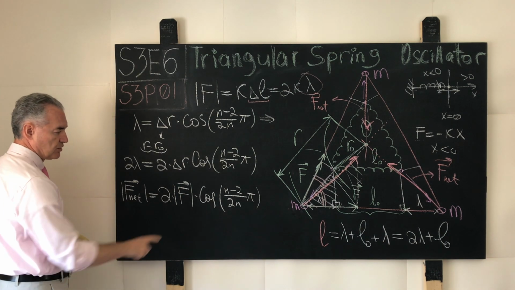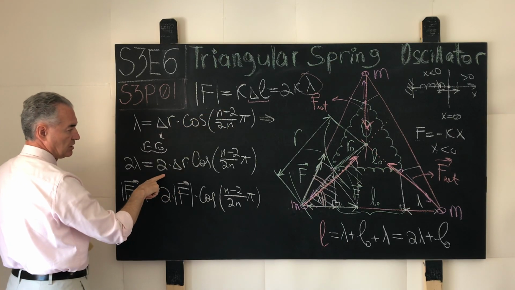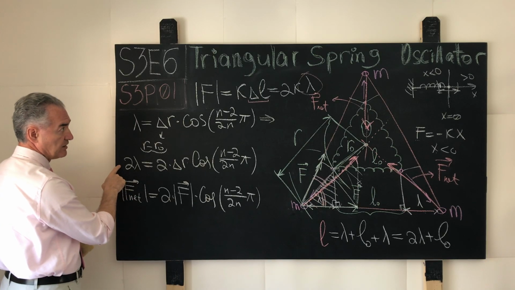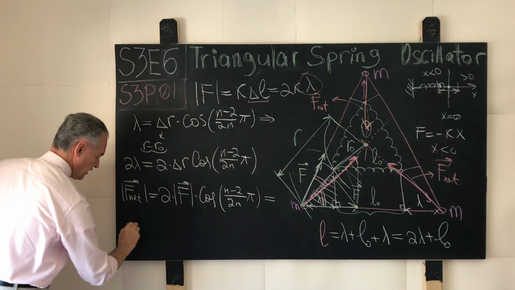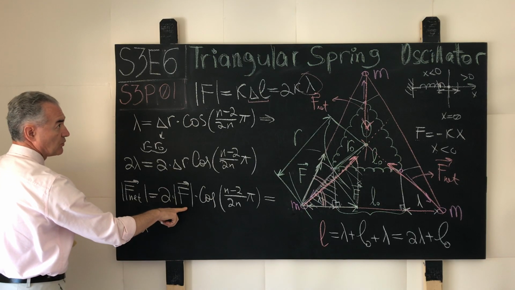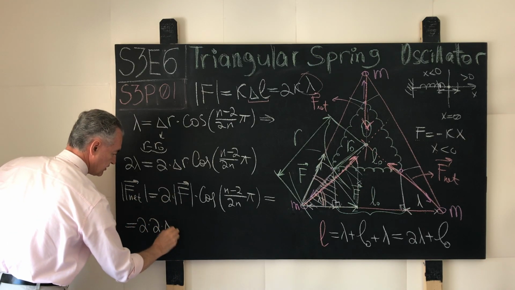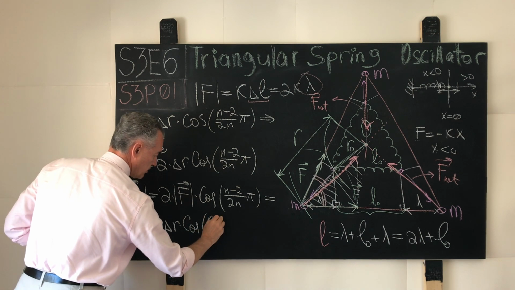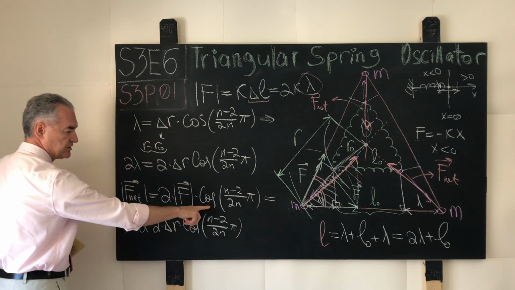And what is f? Well, it is this guy. If we multiply this by k, then we will have precisely the force f. So in terms of all the materials that we have, what will we have? 2 times f, and f is 2 times delta r times the cosine of (n minus 2) over 2n times pi, times this cosine.